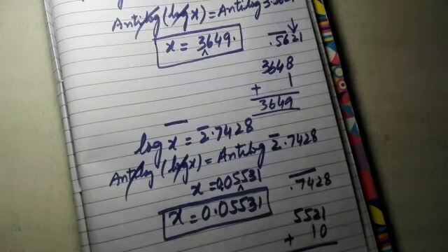I'm not telling you how to find anti-logarithm by using calculators, which is also possible. Another procedure can be used by using calculators, but the fact is that you can find anti-logarithm by using the anti-log table. So I have explained the procedure to find anti-logarithm by using anti-logarithm tables.